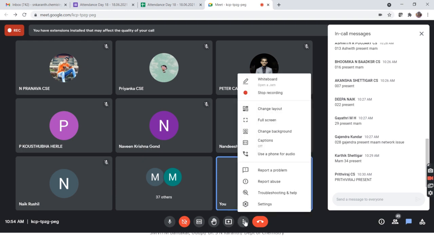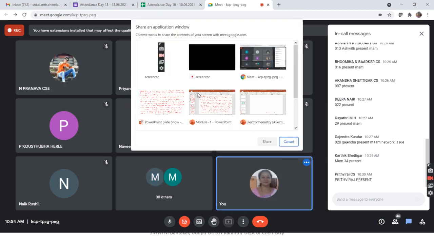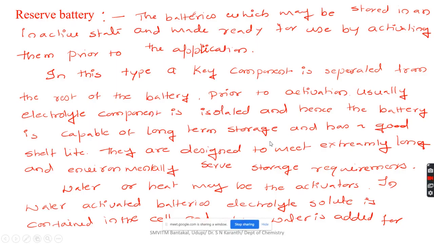It's not visible. Excuse me. Without PPT, I explained, is it? Am I audible? Without PPT or with PPT? Presentation mode, is it in the presentation mode only? Before it's not visible. Okay, then it's okay.